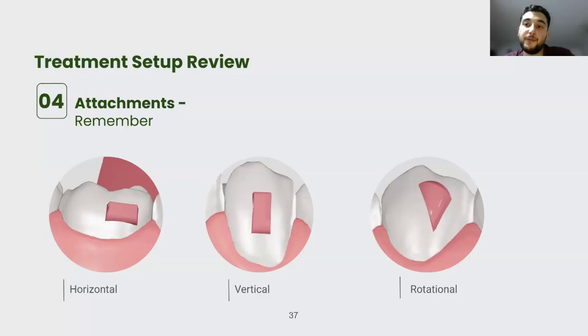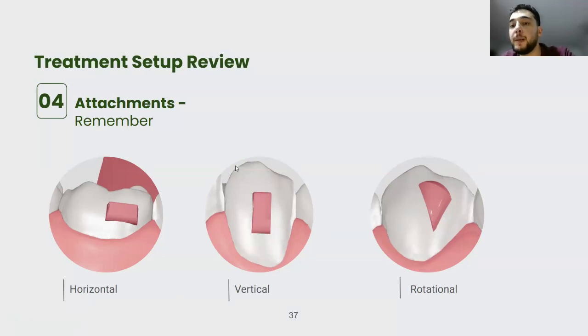For canines, sometimes when I'm rotating a canine, I prefer to use a vertical attachment, because it gives that long, bulky support that we need. And also, whenever we're moving teeth mesiodistally, so if I'm moving a tooth in a mesiodistal bodily direction, I'm going to need a long surface to apply forces on, and this is where the vertical attachments come into advantage.